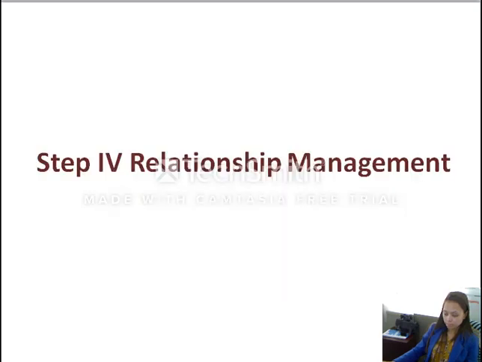Step 4. Relationship management. Mainly for the top segment of suppliers, the existing relationship type needs to be managed towards the ideal relationship type, which is the leverage core relationship type.